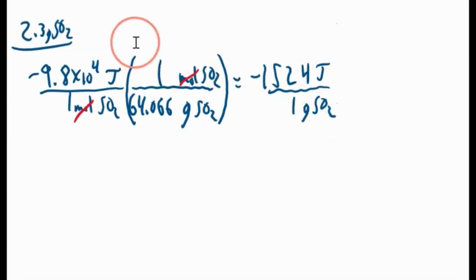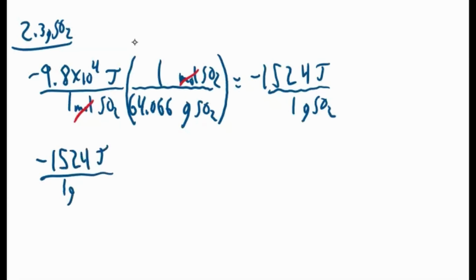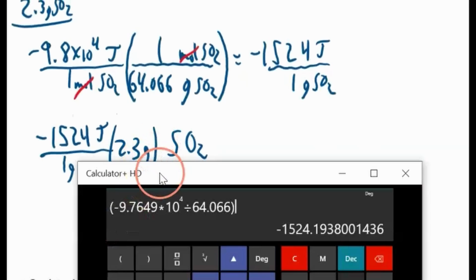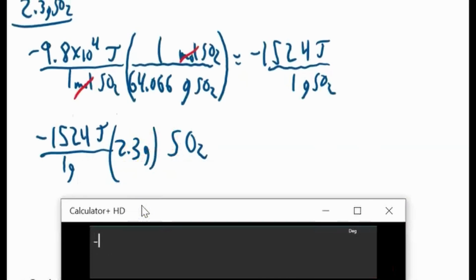Well, we have 2.3 grams. So we've got to take this number, 1524 joules for every 1 gram, and multiply it by however many grams we have, 2.3 grams of SO2. So negative 1524 times 2.3.